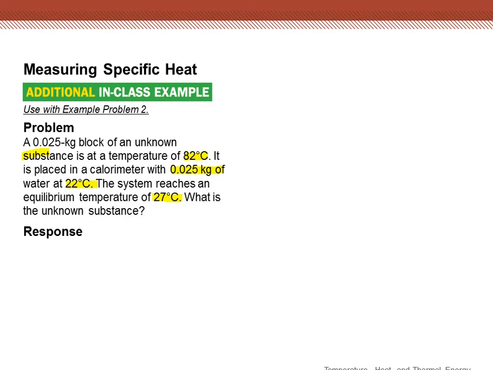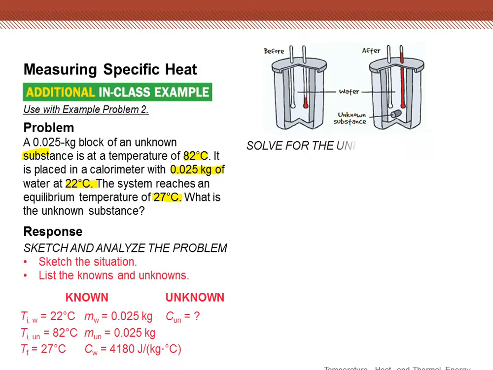This metal, or whatever the substance is, we don't know if it's a metal or not, has some amount of thermal energy, and then it reaches equilibrium with water, which has a much lower temperature, lower average kinetic energy of particles. It reaches equilibrium at 27 degrees Celsius, and we want to know what is the specific heat of that object, looking at the heat transfer. So heat is going from the unknown substance into the water to reach equilibrium.